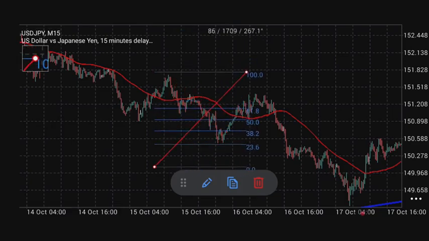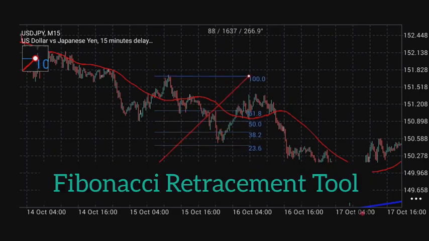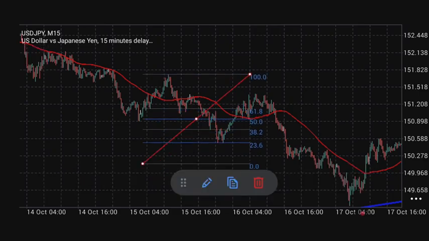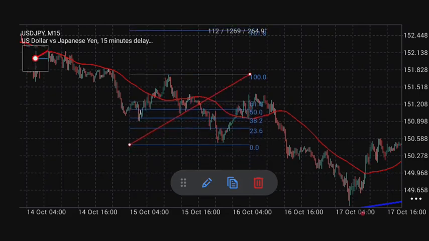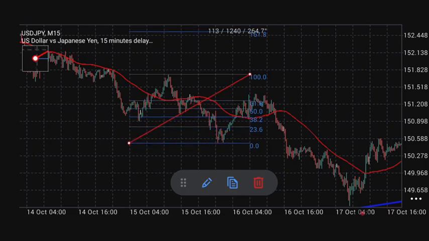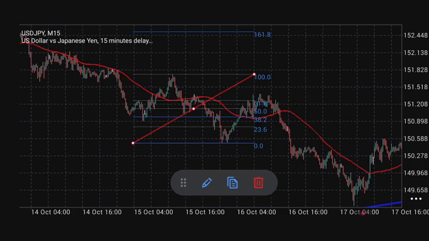I'm going to connect my 100% level there, then I'm going to connect my 0% level here. Then I'm going to ignore the other levels. I'm only using the 0 to 100% swing.